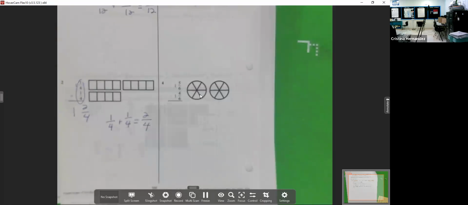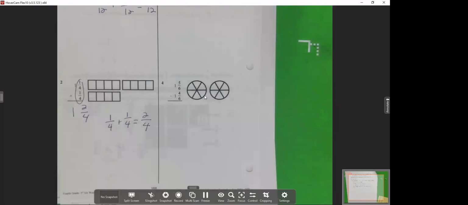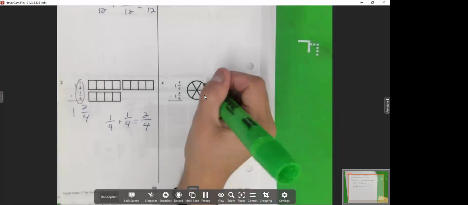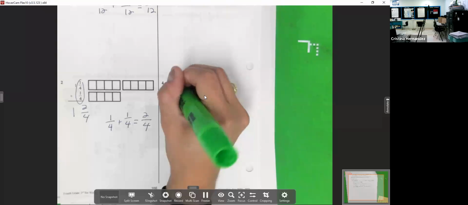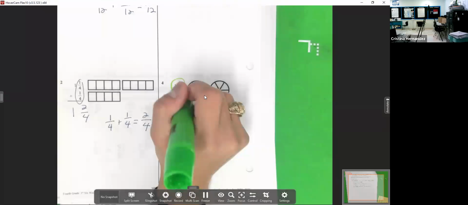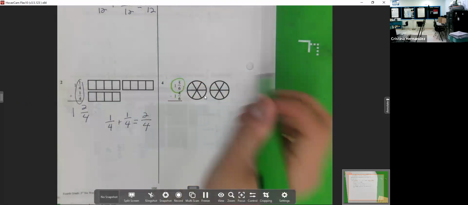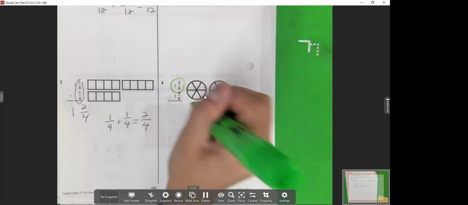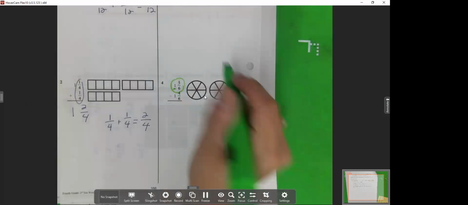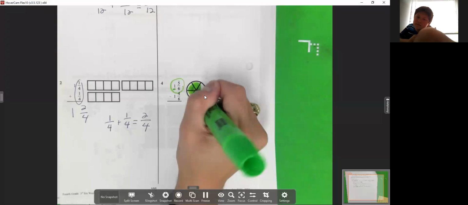It's annoying. All right. How many are we shading in? What are we shading in? 5 sixths and 4 sixths. Right here. How many wholes though? 1, 5 sixths, and then 5 sixths on the next one.